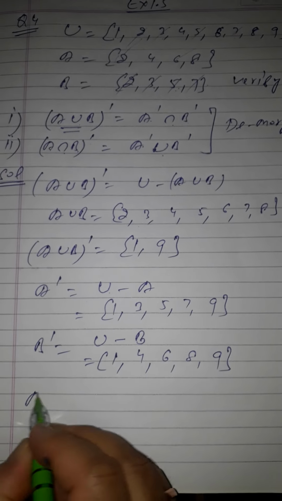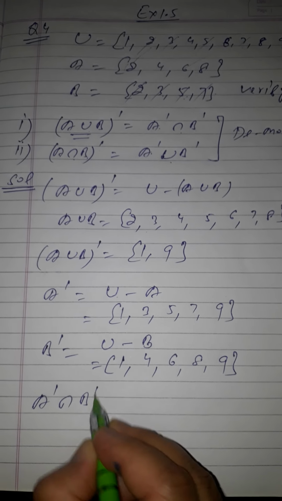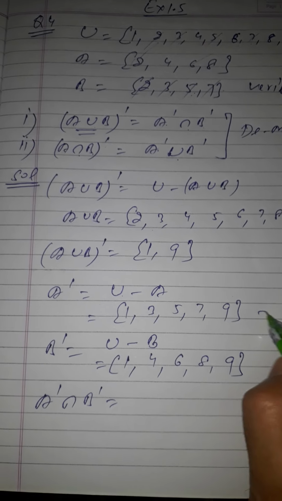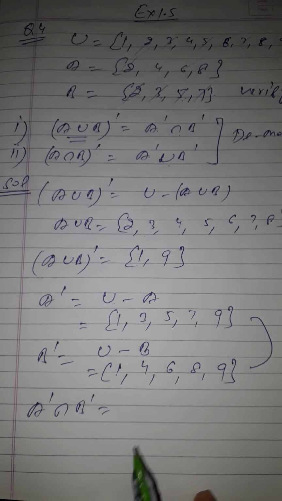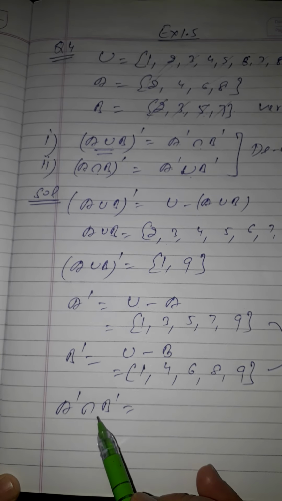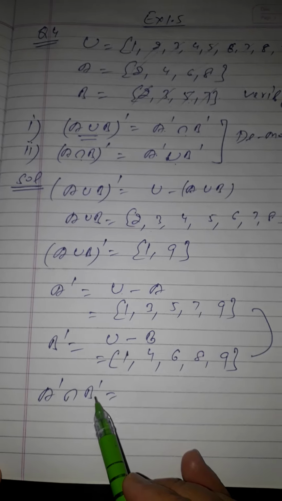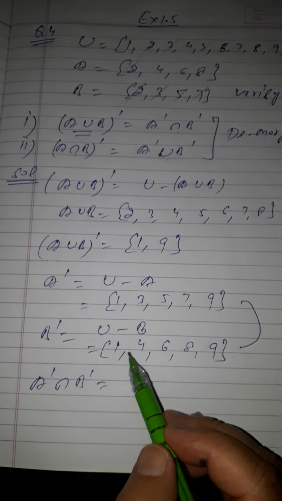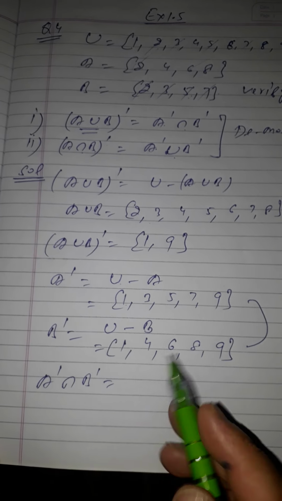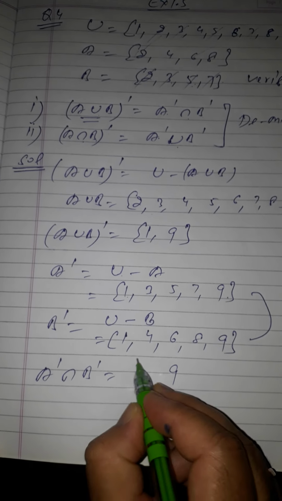Now what we are doing here is A complement intersection B complement. Now we are finding their intersection. To find their intersection, students, that is A' intersection B', what is common there? 1 is there and 9 is there.